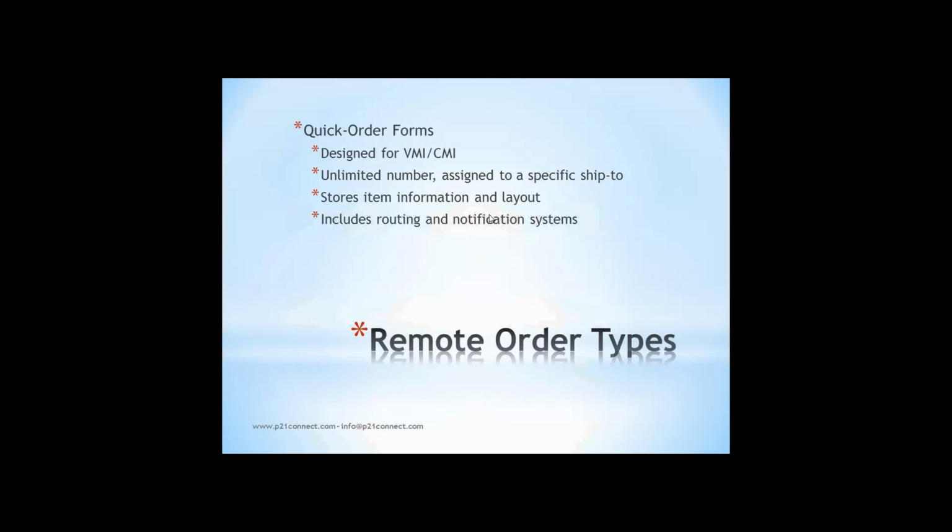We also include routing and notification systems, so it's possible to build these forms into something where one person starts an order and the next person down the line approves it, puts a PO on it, does things like that. And to use the form at the end of the day, all you really have to do is enter an order quantity. So it makes it really, really fast to do an order.